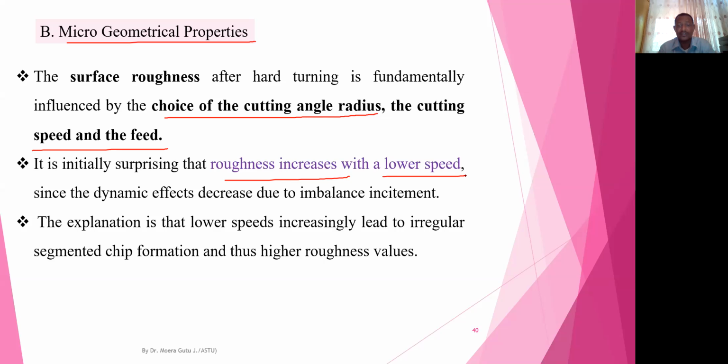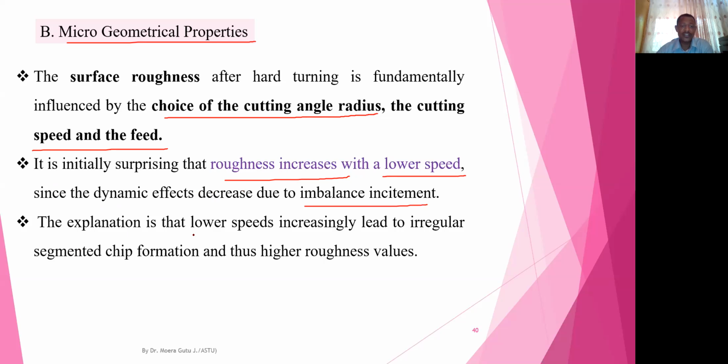Once you start increasing cutting speed, we are going to get a high surface finish. Even though there is a maximum level, an optimized level of cutting speed should be there, since the dynamic effect decreases due to imbalance increments.